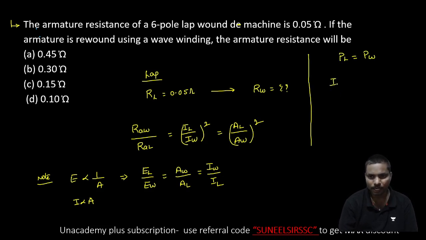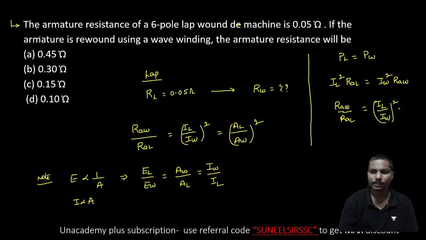So here I_L square R_AL is equal to I_W square R_AW. So R_AW by R_AL is equal to I_L by I_W whole square. I_L by I_W is nothing but A_L by A_W, whole square.